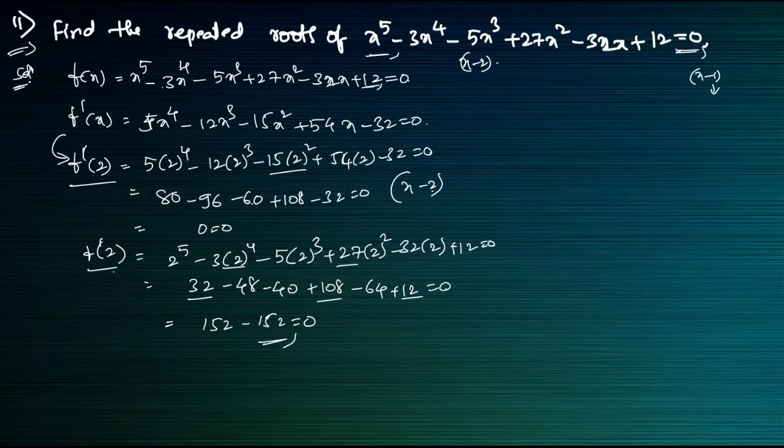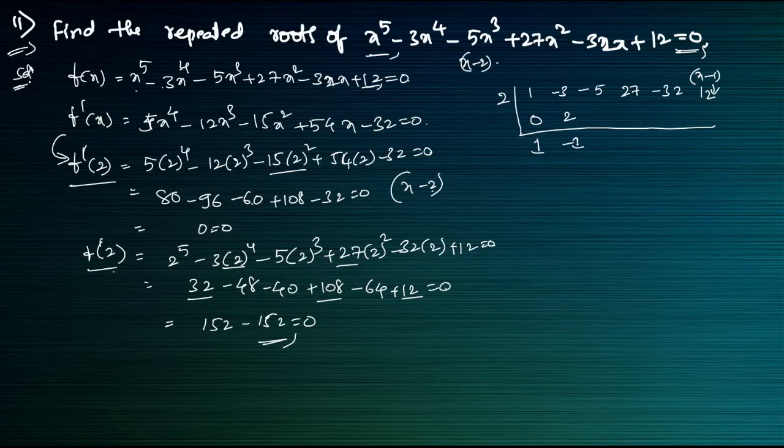So now I will take this 2 and use the synthetic division method. Here the coefficients are 1, minus 3, minus 5, 27, minus 32 and 12. So 1 comes down, 1 into 2 is 2, minus 3 plus 2 is minus 1.